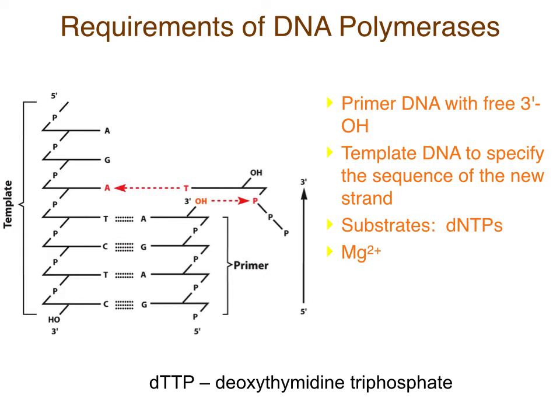The substrates, we're calling them dNTPs. These are deoxy, N is the nucleotide. At the bottom there you see thymidine, a thymidine example, triphosphate. So that's basically your nucleotide. In that triphosphate, you have the energy to form the bond between the last nucleotide that has been added and that 3' hydroxyl, and the new nucleotide coming in, and that's basically just what this figure shows.